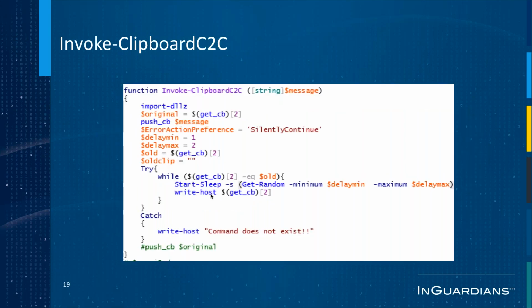The invoke clipboard command and control client piece imports the DLLs again and grabs the original clipboard data. Let's say that you copy a password and you want to put it in an application, but my clipboard piece takes the clipboard you just copied the password from, tests it, and says, can I run this on the destination host and provide the results back?